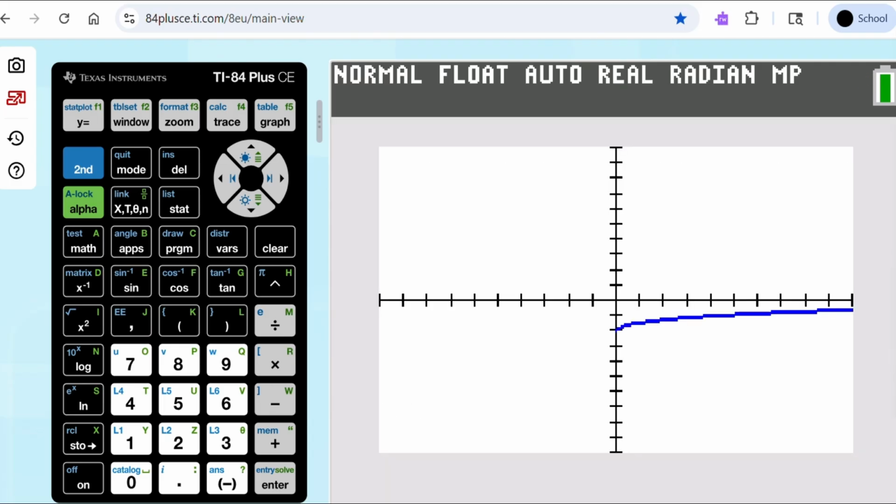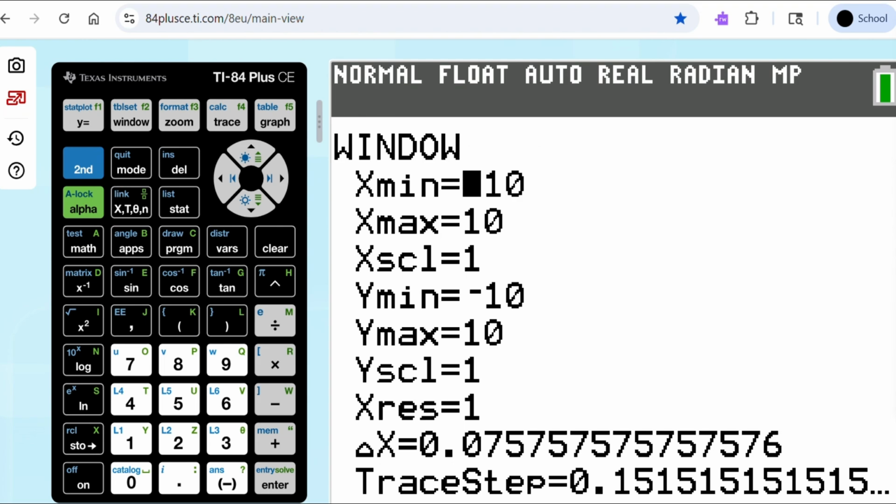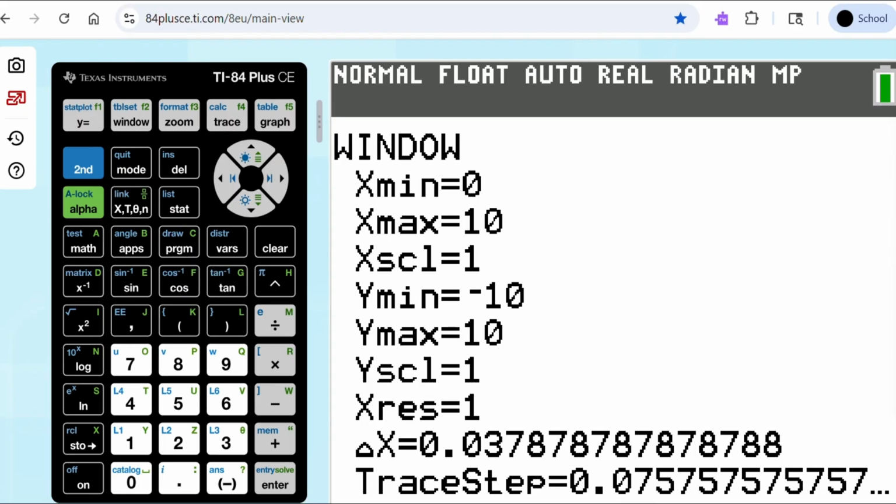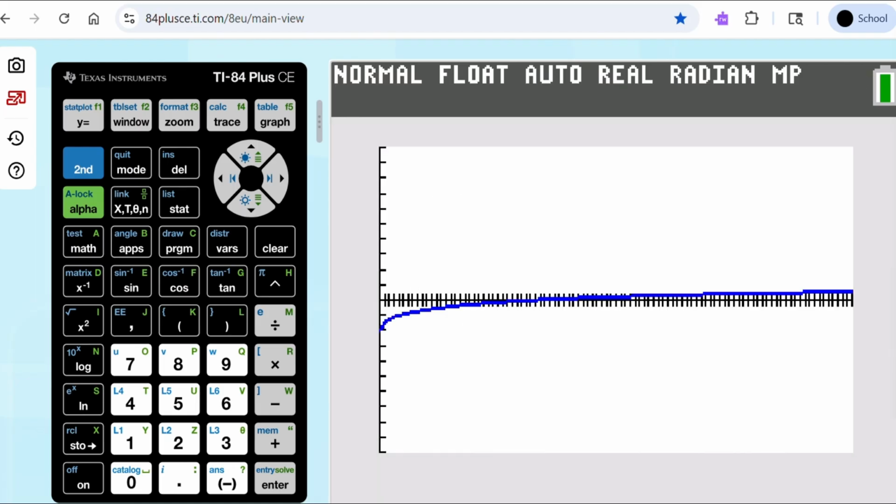We're going to graph this, and I'm going to change my window. I don't think we had a specific endpoint of our interval, so we're just going to start at 0 and maybe go to 100 and see what's going on here.